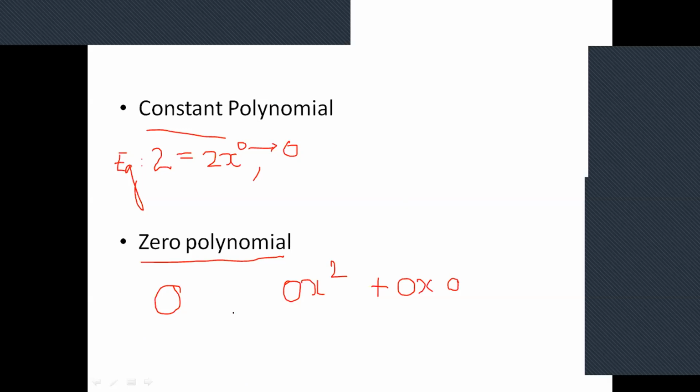As we say infinite, we can't predict, so it is somewhat close to that. But we don't say its degree is infinity; we specifically say that it is not defined. So I think it is clear now. Constant polynomials should have the highest power of the variable as zero. Then only it is called a constant polynomial.